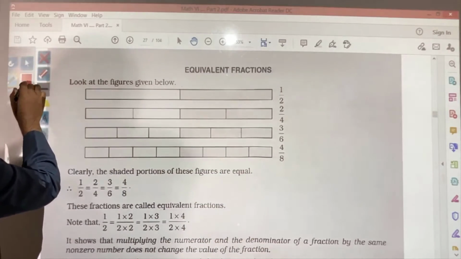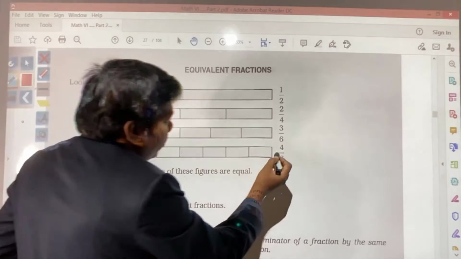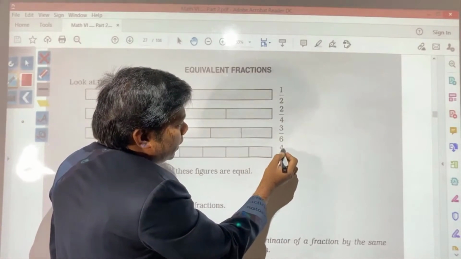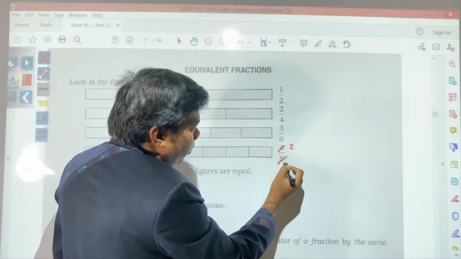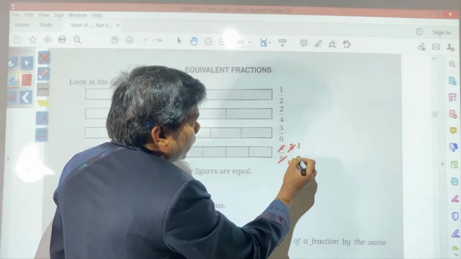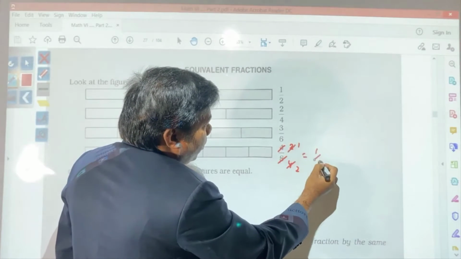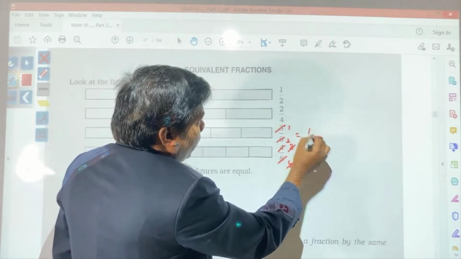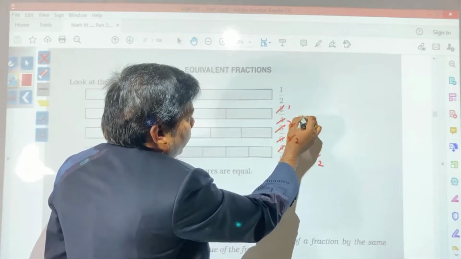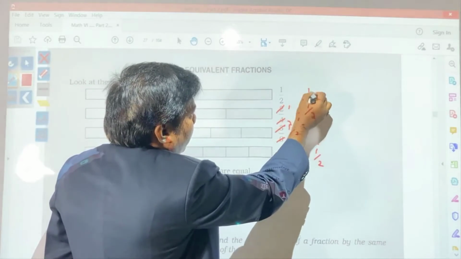When you write these in standard form, just see: if you cancel, 2 ones are 2, 2 twos are 4, 2 fours are 8, so 2 by 4 gives 1 by 2. 3 ones are 3, 3 twos are 6, so 3 by 6 gives 1 by 2. 4 by 8, cancelling by 4, gives 1 by 2, and this is already 1 by 2.